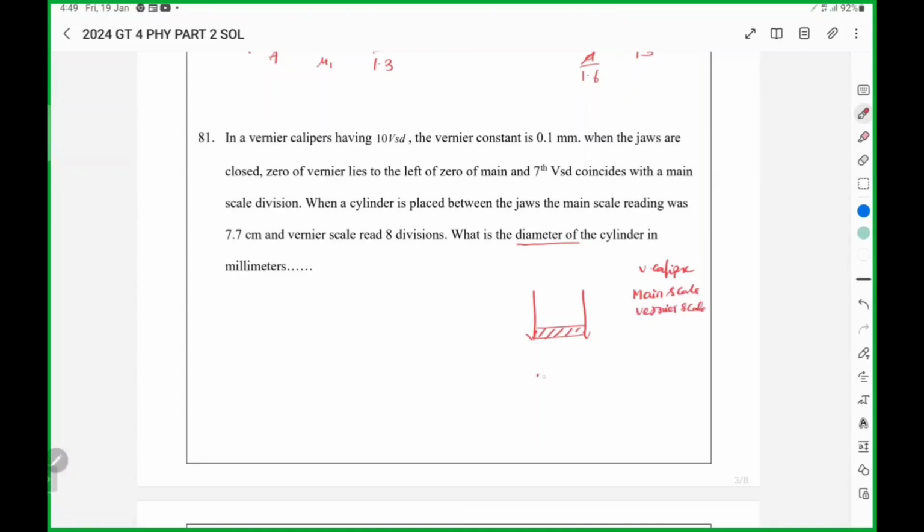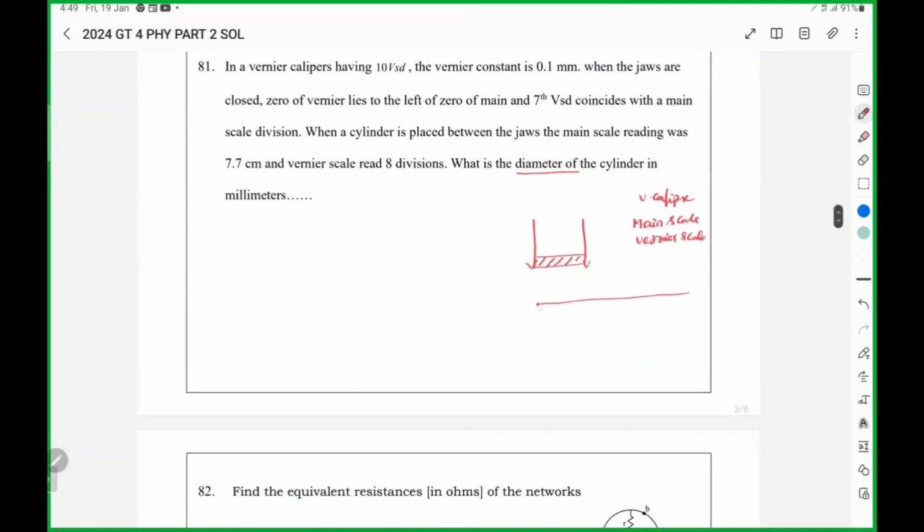Suppose this is the main scale. Here, 1 centimeter is divided into 10 divisions.